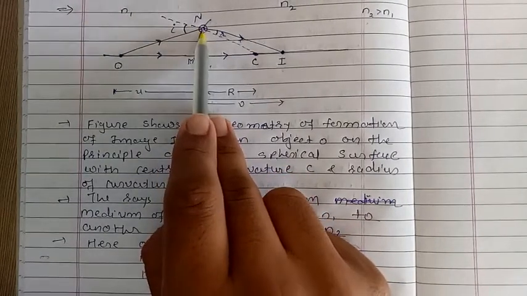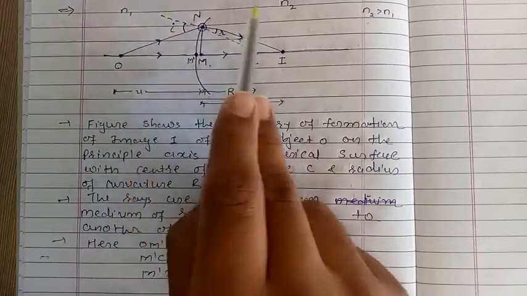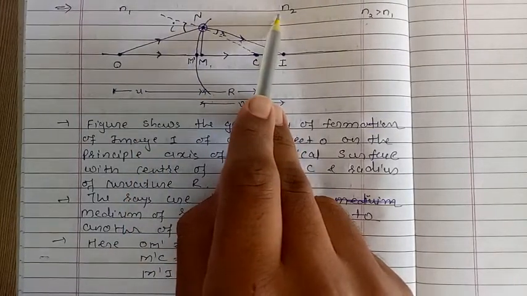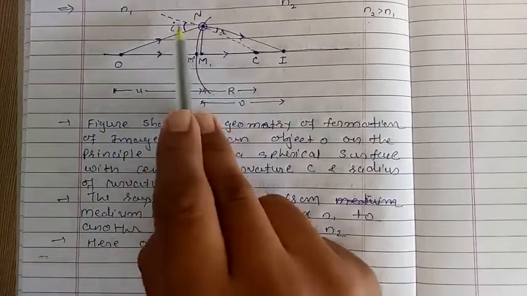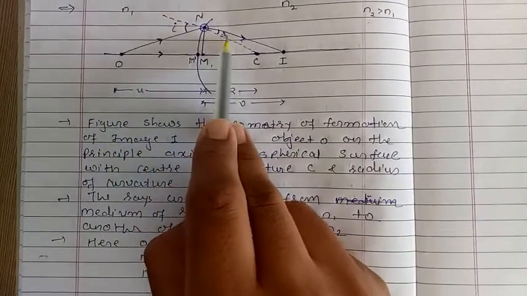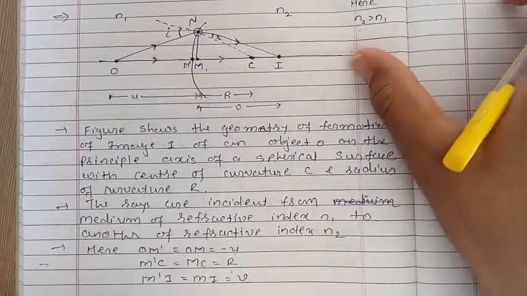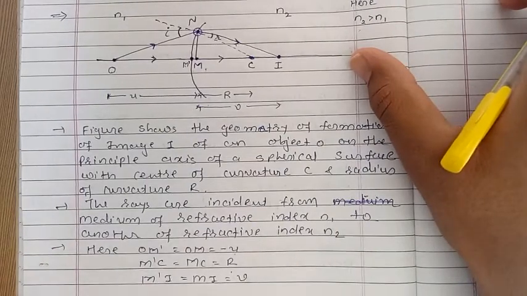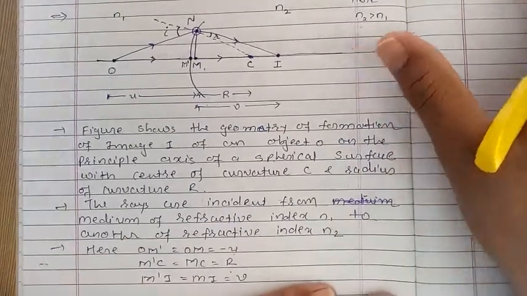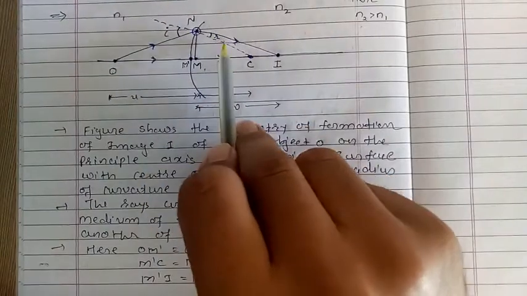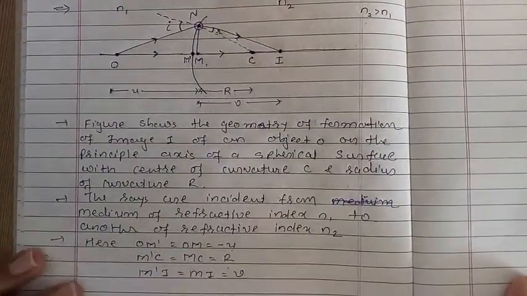There are two media, n1 and n2, having refractive indices. Theta 1 is i and theta 2 is r. So we know Snell's law, n1 sin theta 1 is equal to n2 sin theta 2.